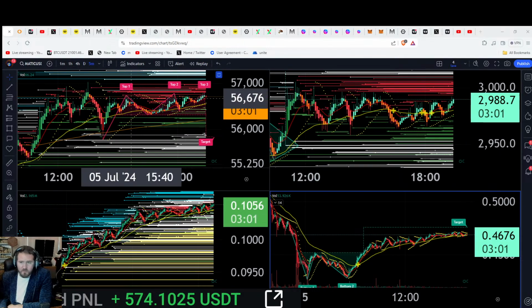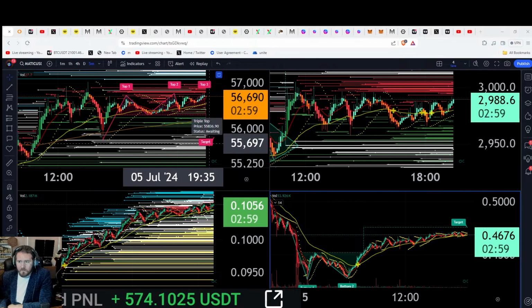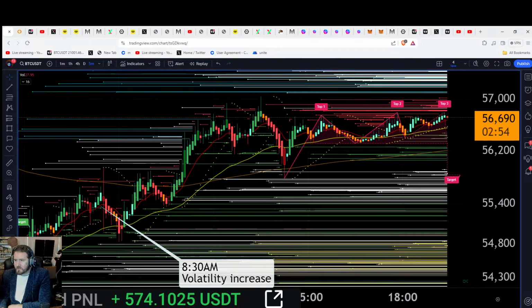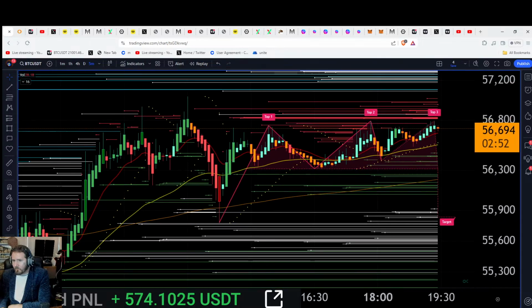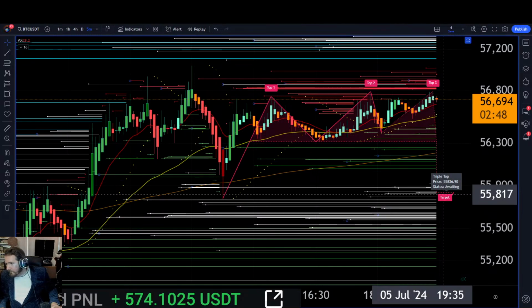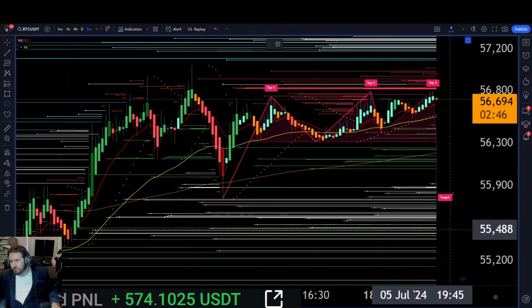By the way, Bitcoin got a triple top from TradingView with the target at 55,697. Let's zoom in here real quick. I'm going to take a screenshot of this and it would bring us into liquidations. 55836.90.